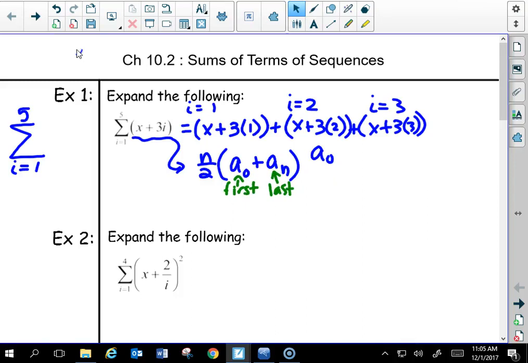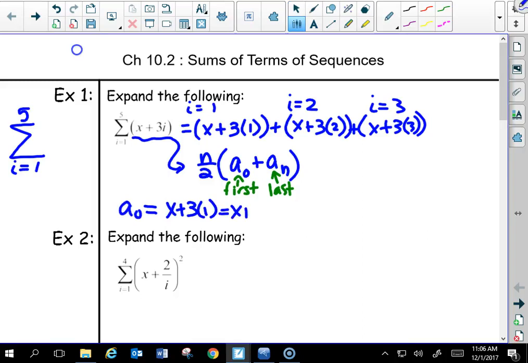So let's go ahead and calculate that first term, which with i equals 1 just gives us x plus 3. And we're going to calculate the last term, where our last index is 5, so a sub 5 is going to be x plus 3 times 5, which is x plus 15.